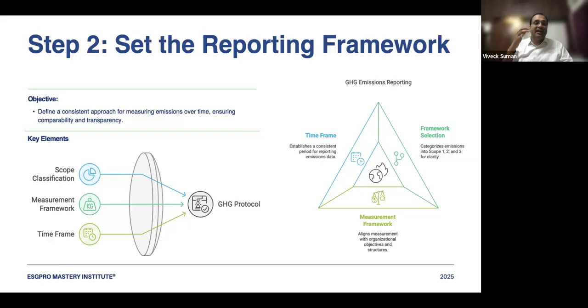Operational structure means am I using the operational control method, financial control method, or equity share method? That is the operational structure. Reporting objectives: whether I want to report all 3 fairly, or I want to report only 2 fairly, right? So that decision is the measurement framework. And of course, the time framework I have already explained. And that's how you set the reporting framework.